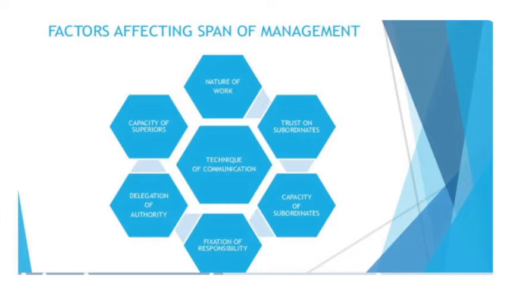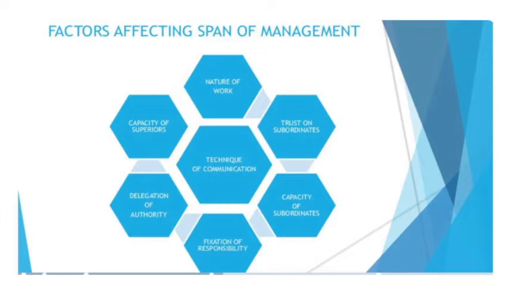Capacity of subordinates. Suppose you appoint a software engineer as team leader who can handle only Oracle software, but the people under him have knowledge of C language, Java, Python and so on. The superior has one qualification, the subordinates have different qualifications or capacity, so it is not possible for the superior to control them.